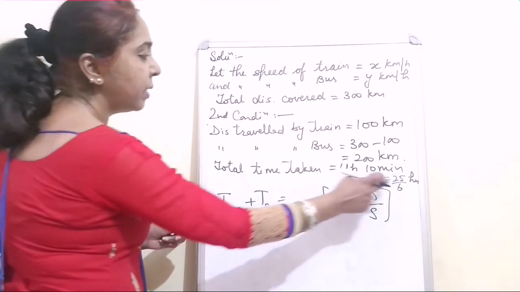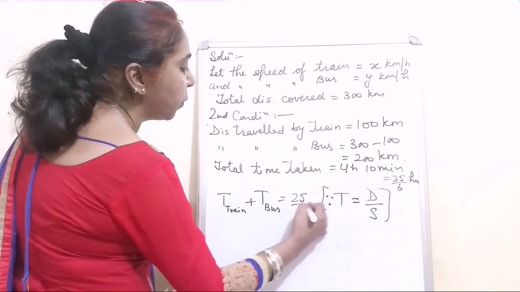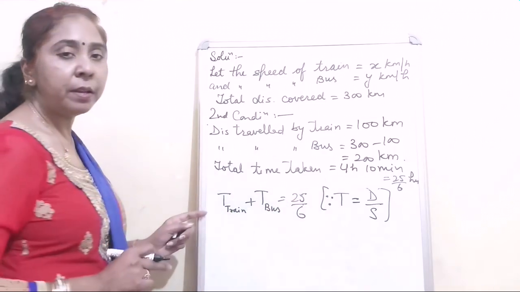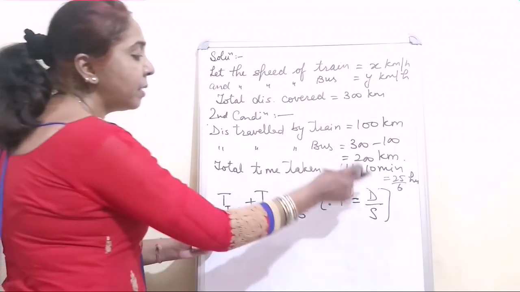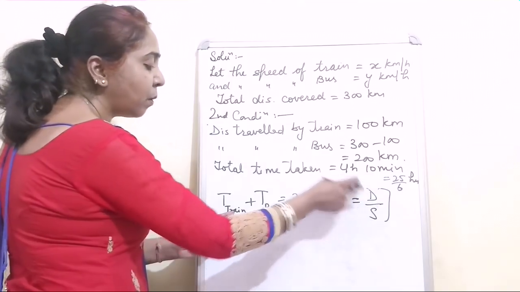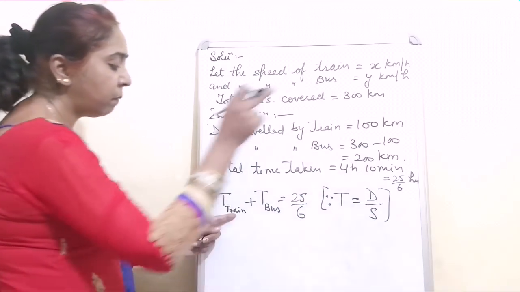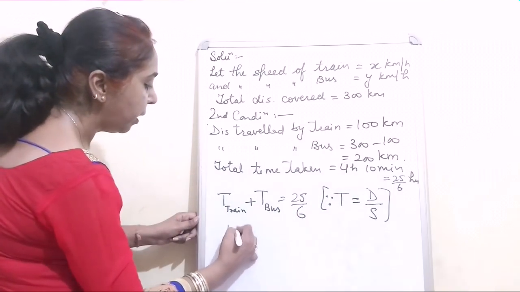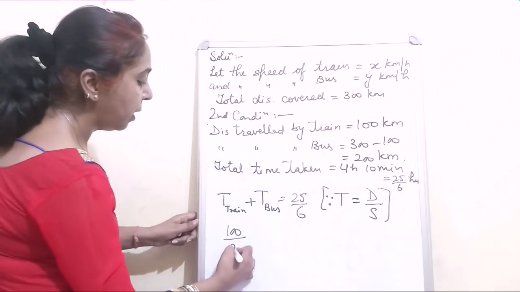Now the condition will be according to this formula. The total time taken this time is equal to 25 by 6 hours. So for the time taken by the train, apply the formula here: distance by speed. The distance covered by the train is 100 and the speed of the train is x.